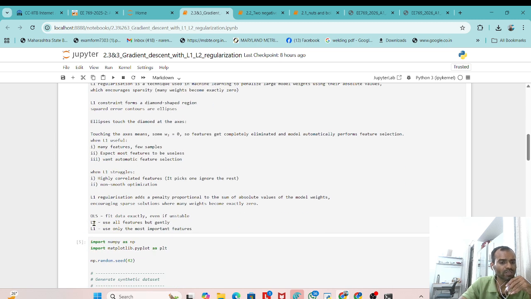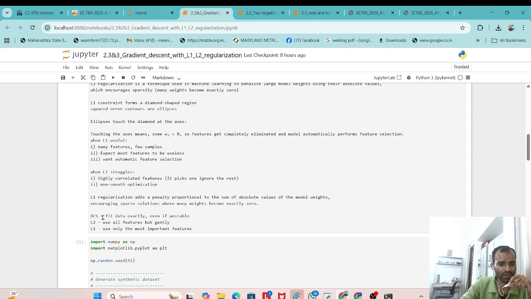When we use ordinary least squares, it fits the data exactly, even if unstable. But what happens is that every time you run it, it assigns different weights, because there is the possibility that it gives a number of solutions. So it is an unstable model.